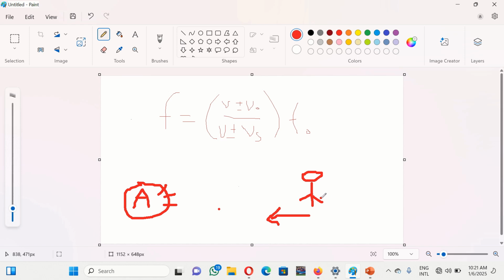So if the observer starts walking towards the sound, the frequency it will hear will be more. That means this frequency here is increased. It starts increasing the moment this moves towards the source. So what I am saying is that the F here will start increasing because this is stationary, this is moving towards it.